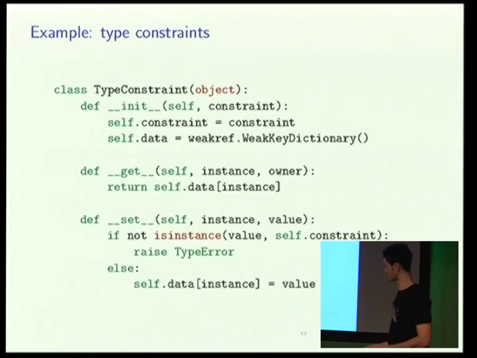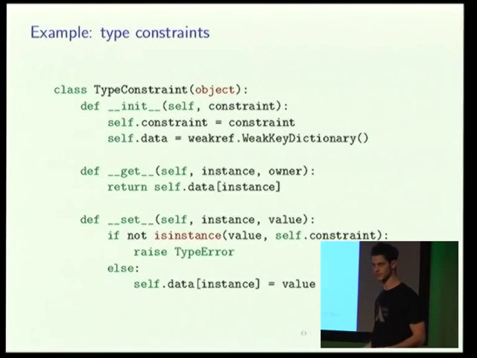So that's all a descriptor is. And there's also a __set__ method for this one. The interesting thing that we do in this descriptor is in __set__, where we check whether the value that we're setting is not an instance of the constraint that we supplied to the constructor. In that case, we raise a TypeError.